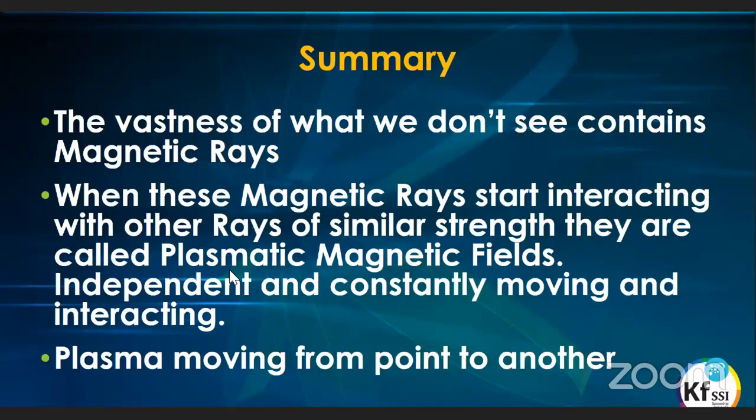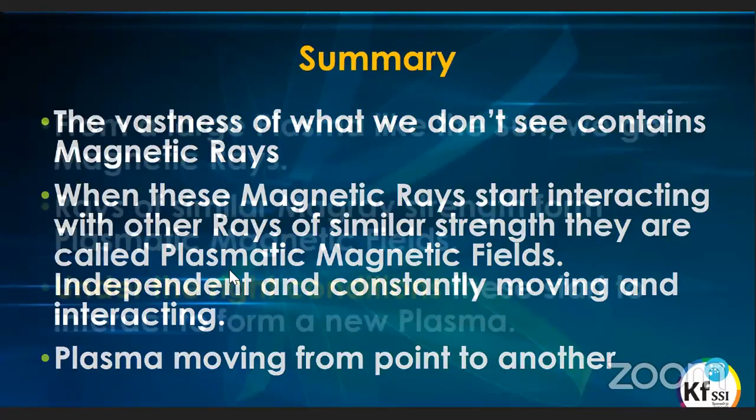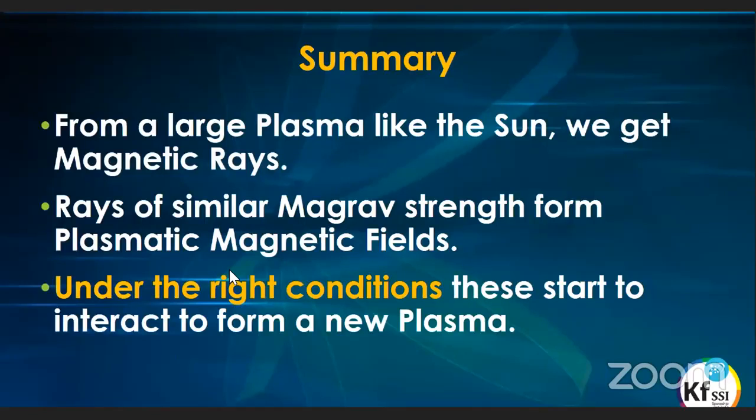And when these magnetic rays start interacting with other rays of similar strength, they're called plasmatic magnetic fields, independent and constantly moving and interacting. So essentially, plasma moving from one point to another. And from a large plasma like the sun, we get the magnetic rays, and the rays of similar strength form plasmatic magnetic fields, and under the right conditions, these start to interact to form a new plasma.